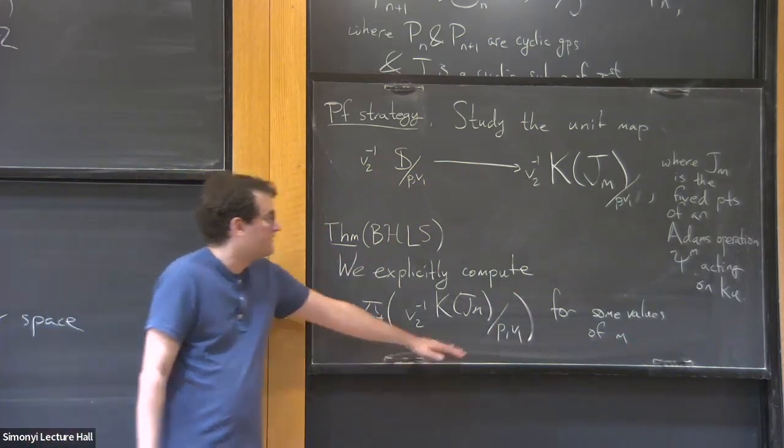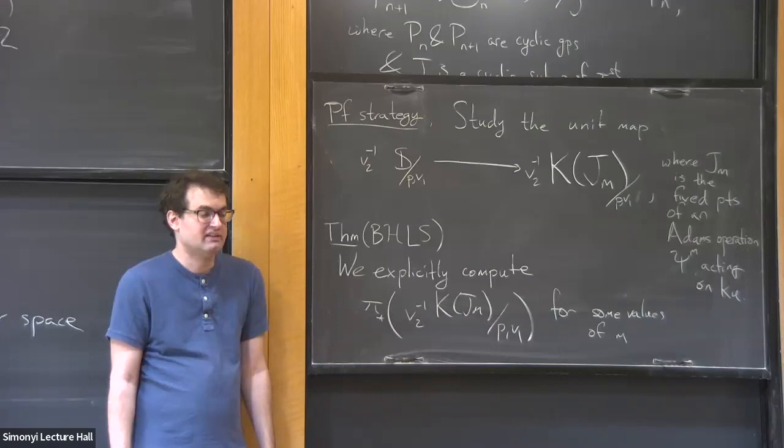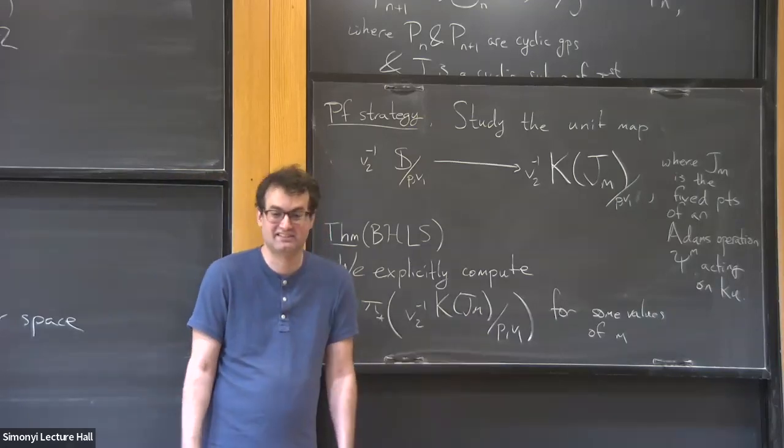So we can just completely compute this thing. We can name every element in it. We can understand it very well. It's wildly infinite. Okay, but that's good. We want to see lots of things.